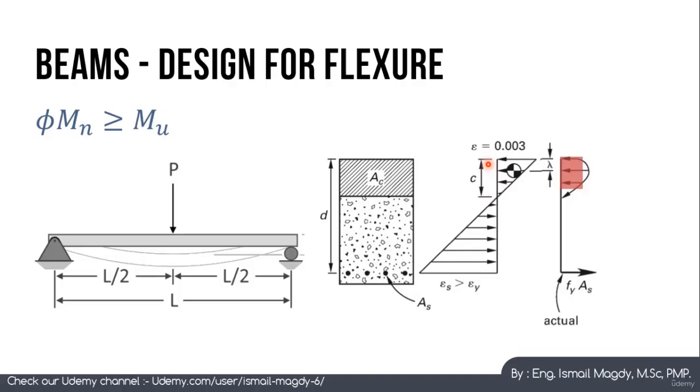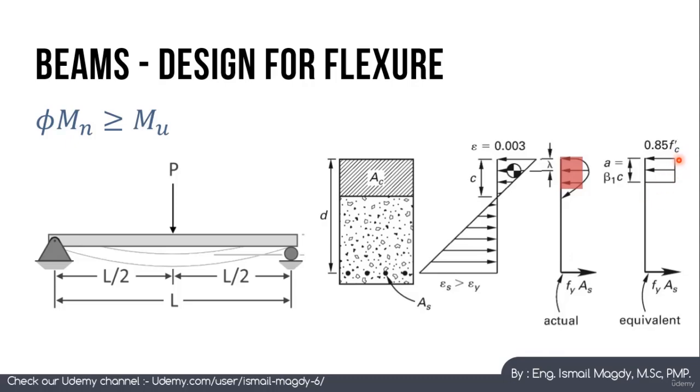Normally we had this c, the depth to the neutral axis. But if we convert it into a rectangle, this depth is going to be less than c, and this value has to be less than the maximum fc', because we are converting this parabolic shape into a rectangle. That's how we came up with this shape here.